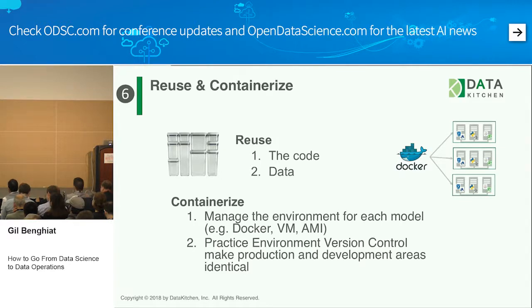So the data is something that can be reused, and you want to develop a system where if the ingredient is fresh, right? Do I need to rerun the pipeline to generate that data again, or can I just use it as is right off the shelf? So look for ways to reuse your code and reuse your data.